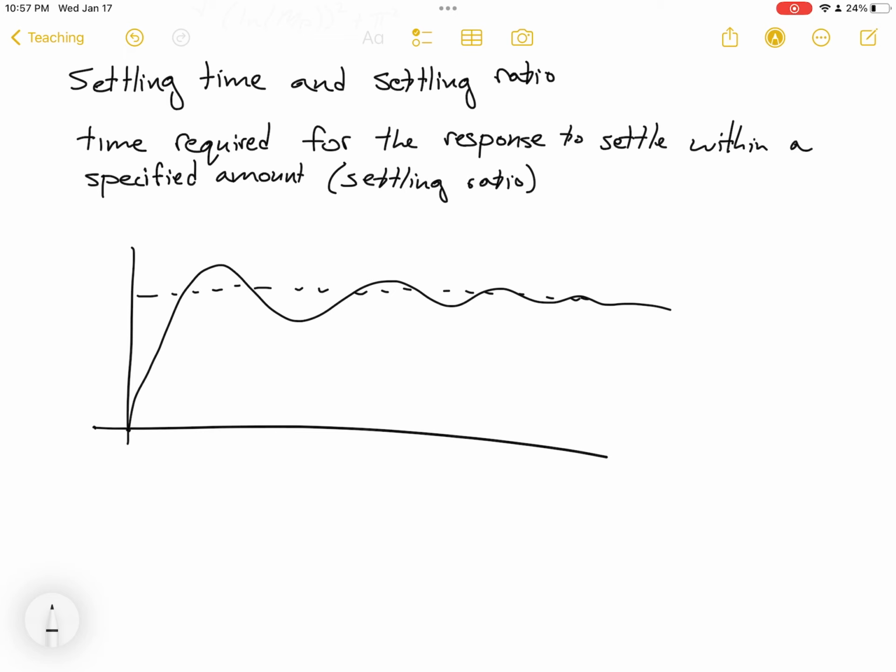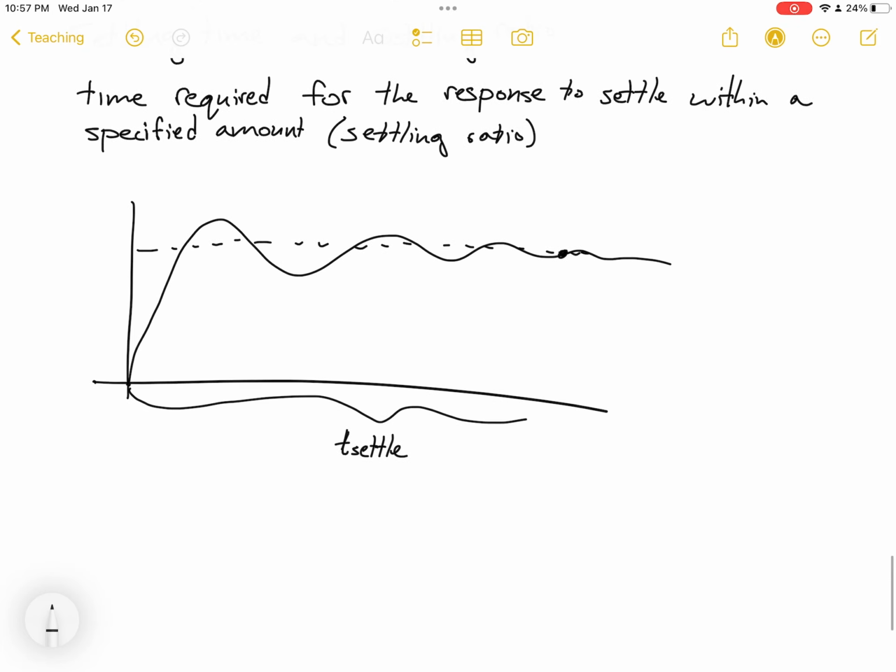So it's going to be somewhere around here, probably. And then that time that you measure is the entire time right there. So this is T settle.